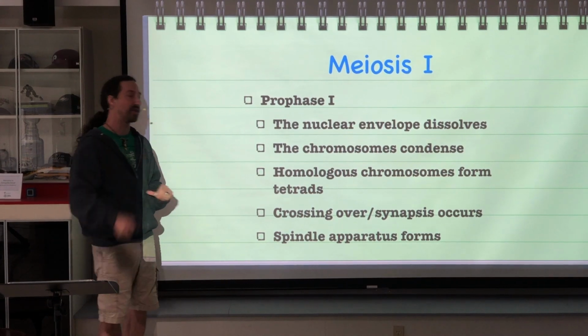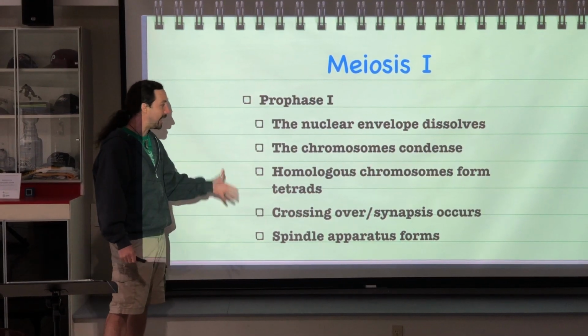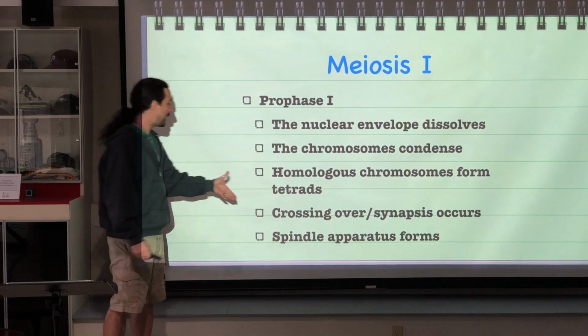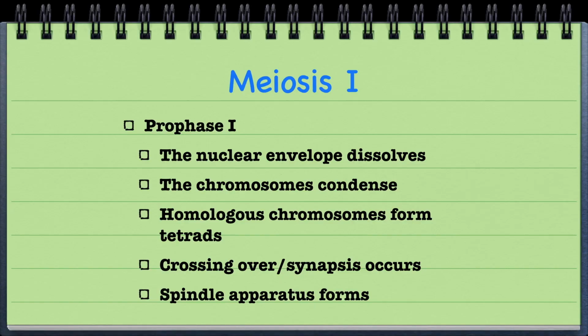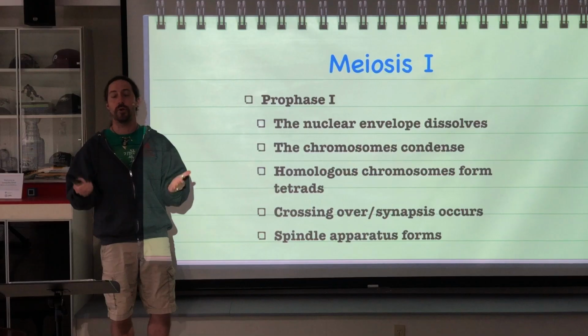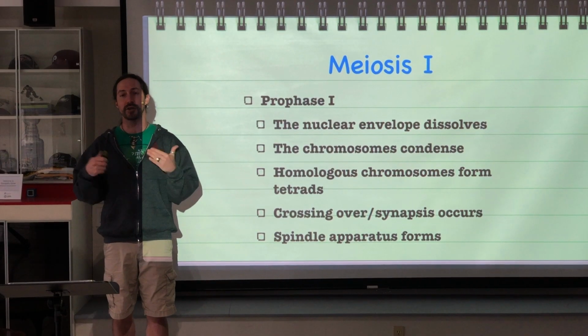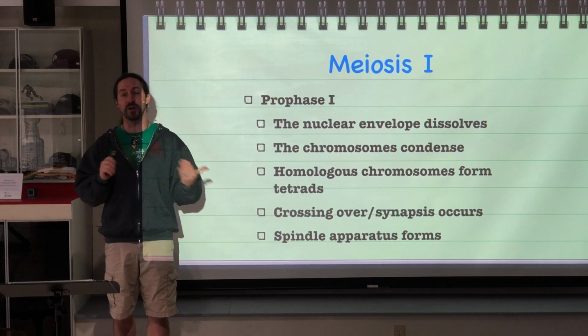We'll look at that in just a couple minutes. Then, when they form that tetrad, they do something called crossing over. Again, we'll look at that when we look closely at what a tetrad is. And then the spindle apparatus forms. Again, made of microtubules because it's going to control where the homologous chromosomes, or where all the chromosomes go.